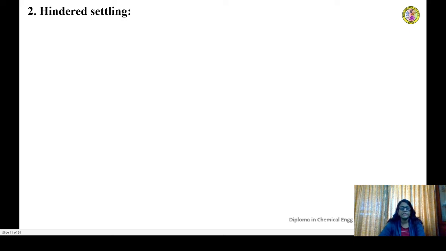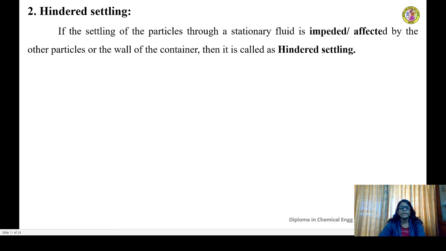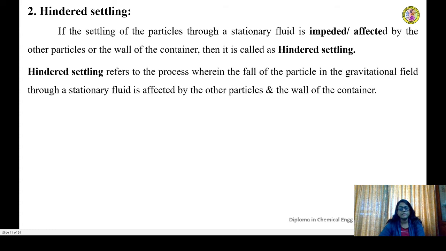Whenever the particle settles under this condition, it is called the hindered settling condition. So in hindered settling, we can expect physical interaction between the various particles settling in a given column of liquid, and also physical contact between the settling particles and the wall of the container. Means individual particles will collide with each other and also collide with the wall of the container.